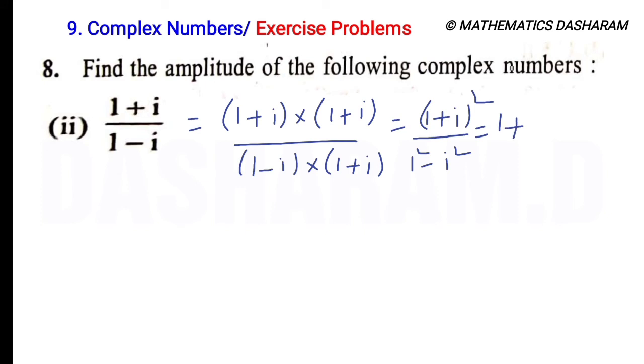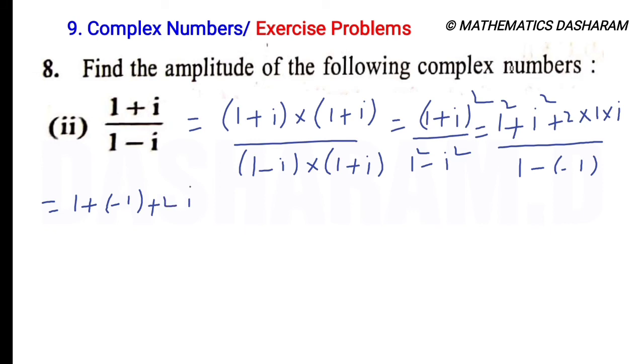Using the a plus b whole square form, 1 square plus i square plus 2 into 1 into i, divided by 1 minus i square, which is minus 1. So it is 1 plus minus 1 plus 2i divided by 1 plus 1. 1 minus 1 cancels, 2i divided by 2, the 2s cancel, giving i.